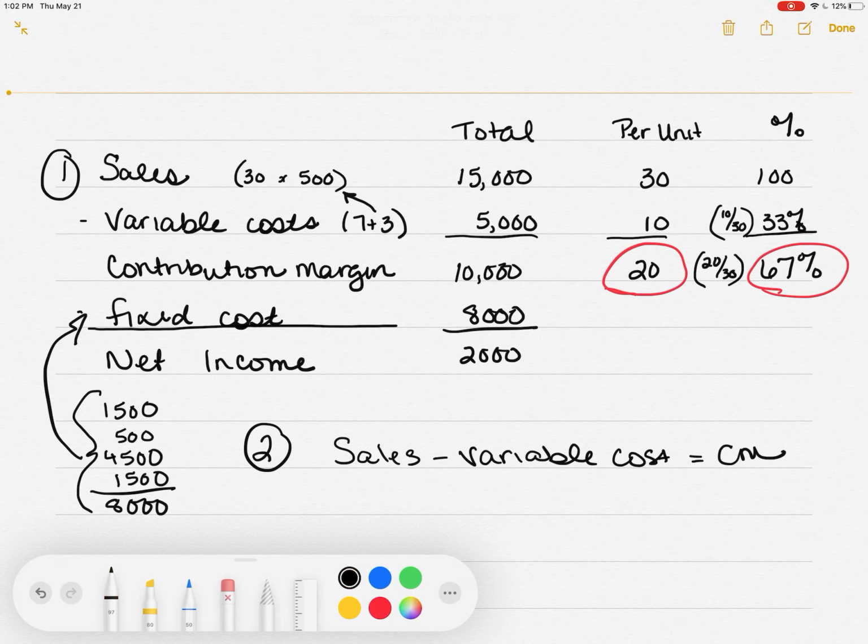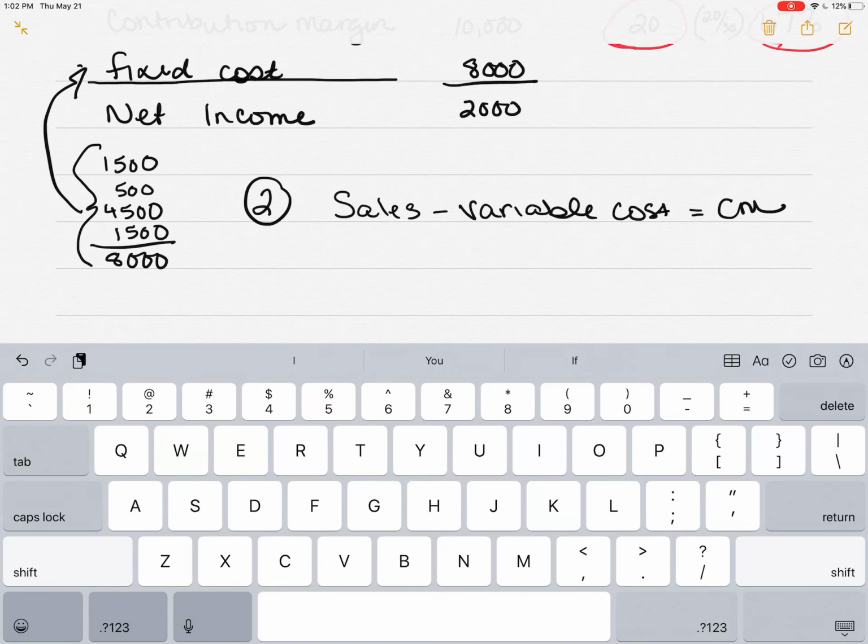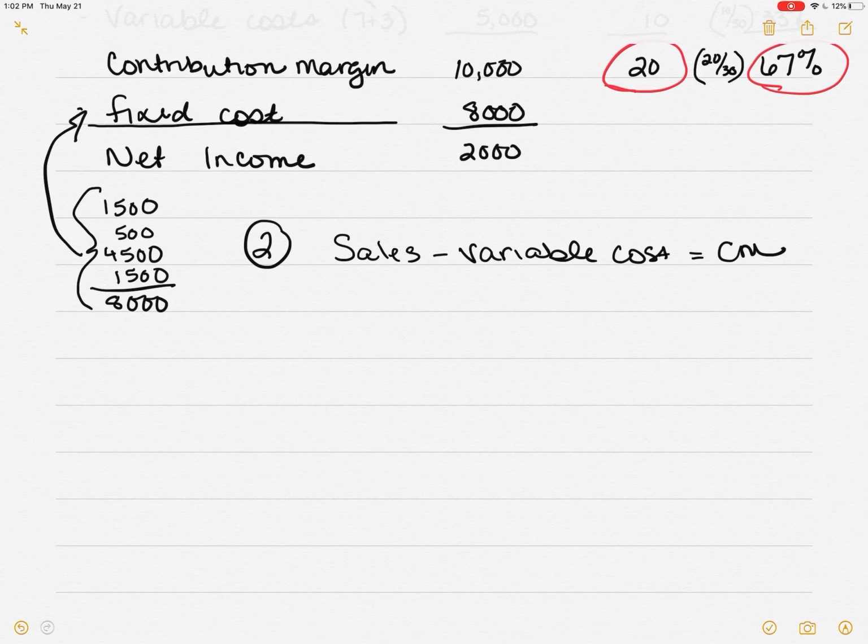But to give you those equations, on a per unit basis, we can do sales minus variable cost. If we want it on a percentage basis, we can take our contribution margin and divide that by sales to find that ratio.